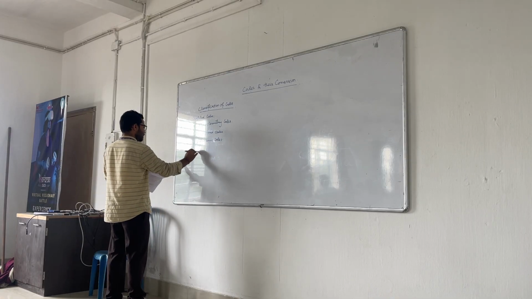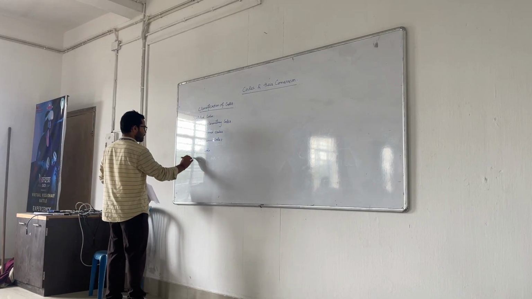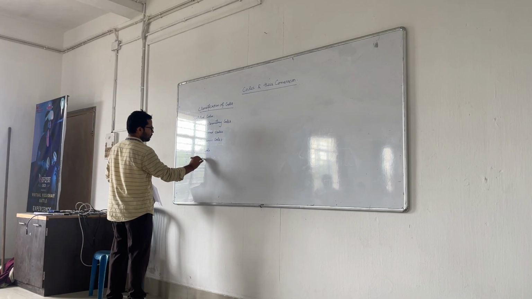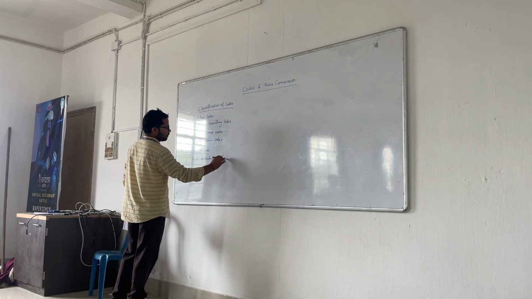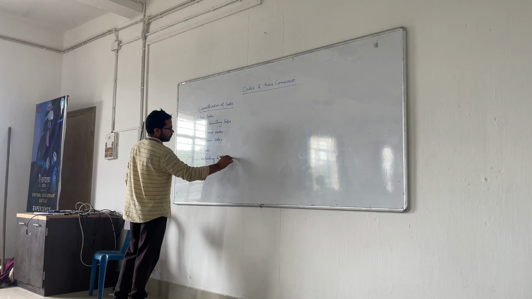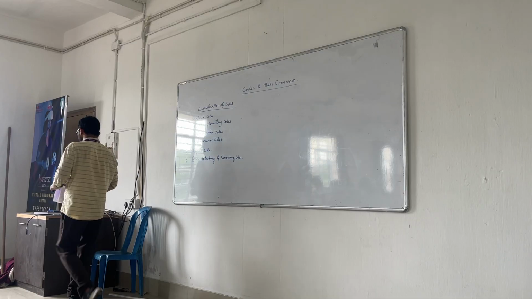Number 5, ciphering code. Number 6, error detecting and correcting code. So these are commonly used classifications for codes.